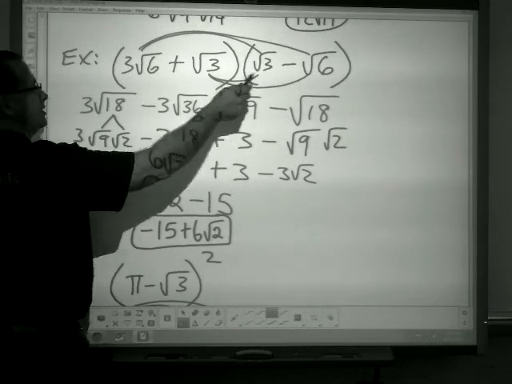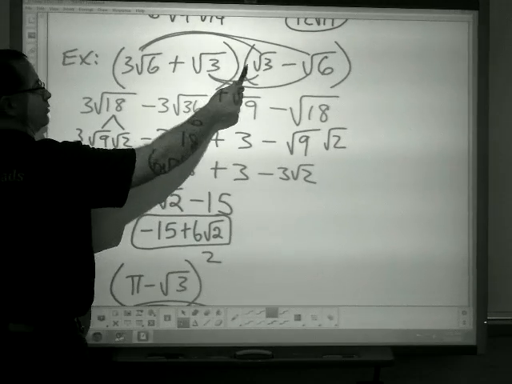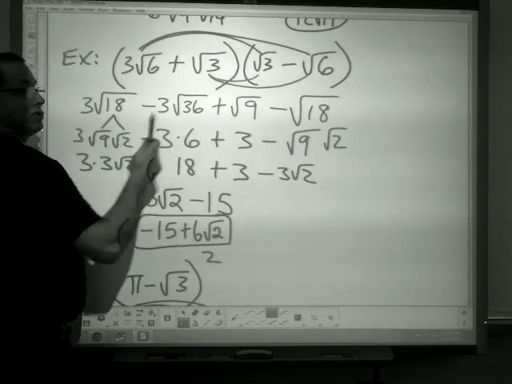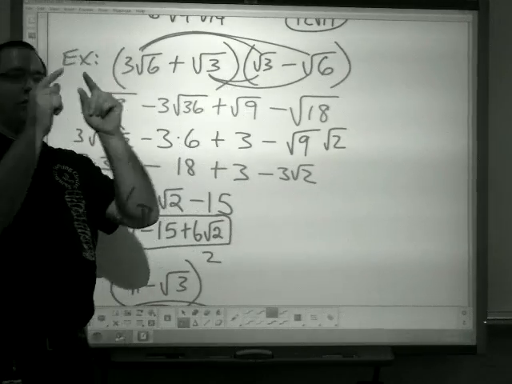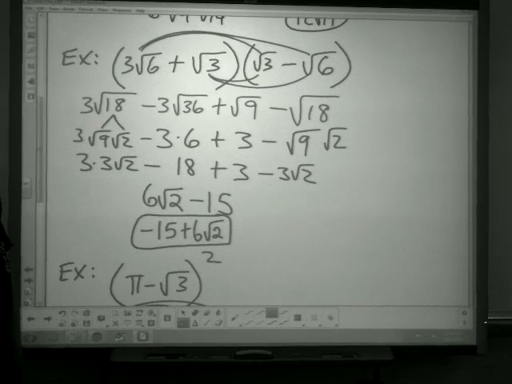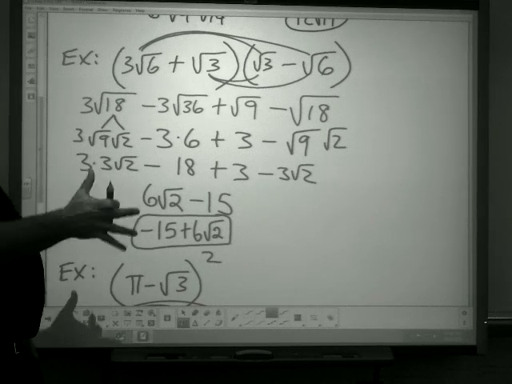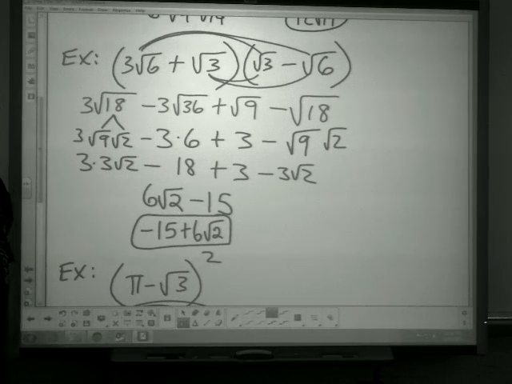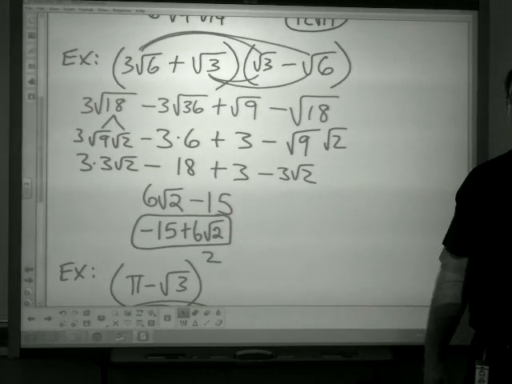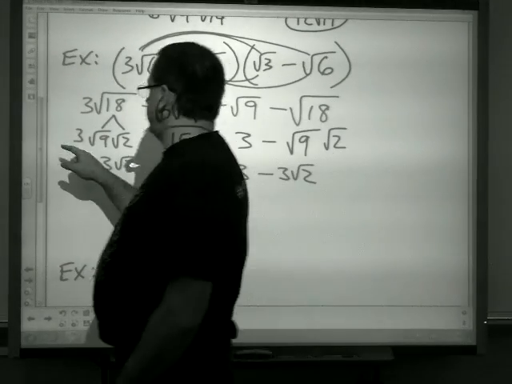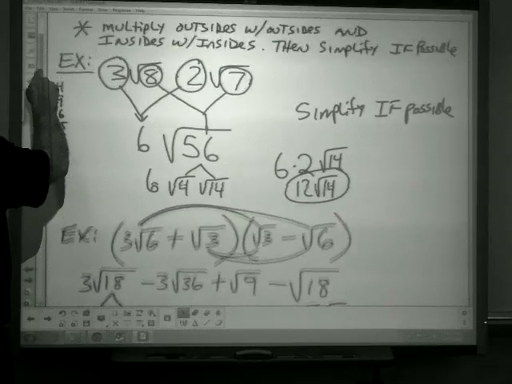Notice 6, same number on the inside. Square root of 3 is square root of 9, which is just 3. The square root of anything times itself is just the anything under the square root symbol. And that's something that we're going to work a lot with later on as we get into this stuff. So for today, that is Chapter 3, Day 2 video, multiplying radicals.